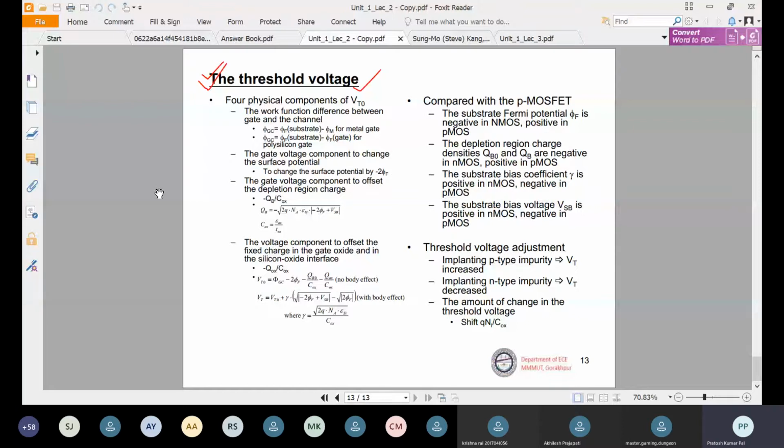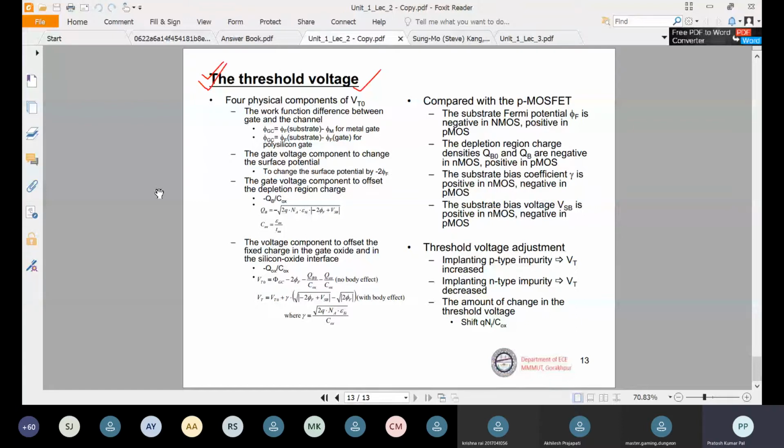While moving from the interface to the bulk side, holes will leave some immobile negative charges. These negatively charged immobile carriers will not constitute any current, and they are called acceptor ions, that is, fixed acceptor ions. They do not take part in charge transfer, or you can say current flow.